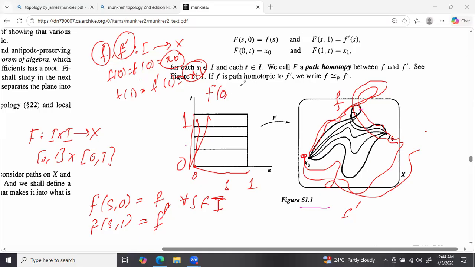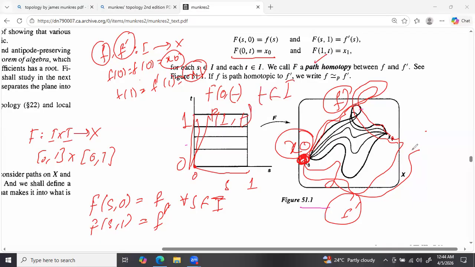If we substitute 0 in the place of s according to this, F of 0 comma t, we get x naught. X naught is the initial point of f and f prime, or all the paths between f to f prime.